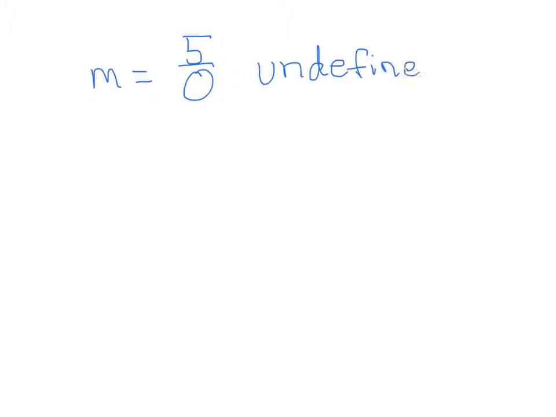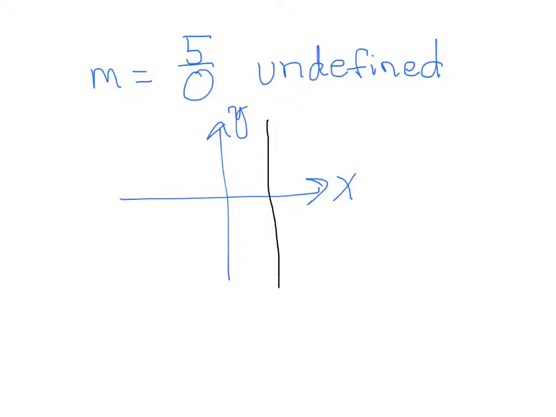You would simply write undefined, and the slope of that particular line on a graph would look like a vertical line. So 0 slope means a horizontal line, but if you get 0 in the denominator, that's an undefined slope, and that will give you a vertical line.